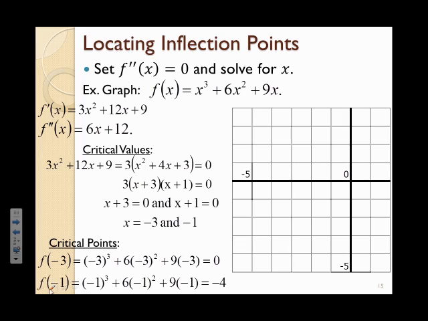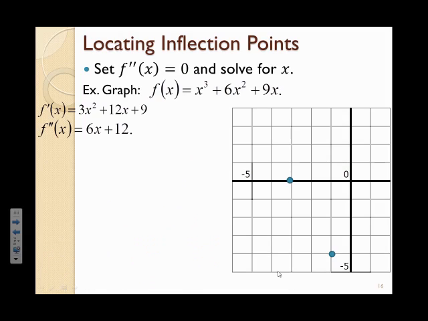And then an f of minus 1, the other critical value, we get a minus 4 when we solve for this, and you can see the math here. So the critical points are at minus 3 and 0, and minus 1 and minus 4. Then we can go ahead and plot those 2 points.